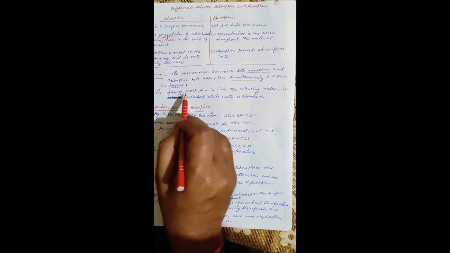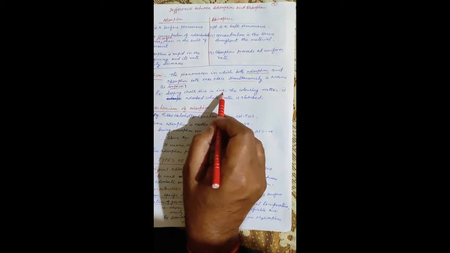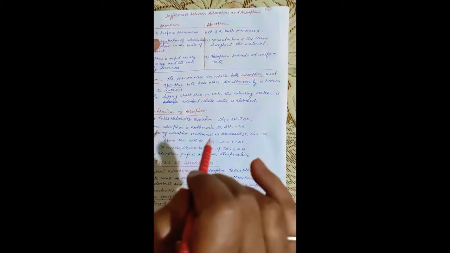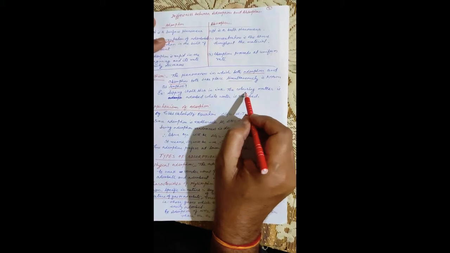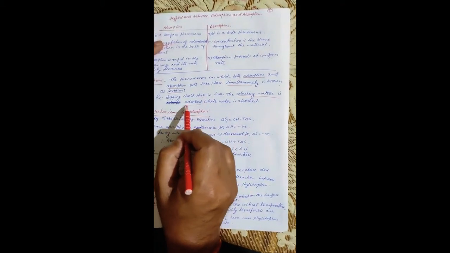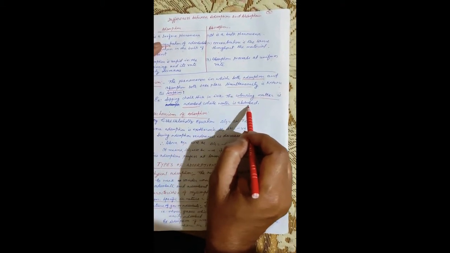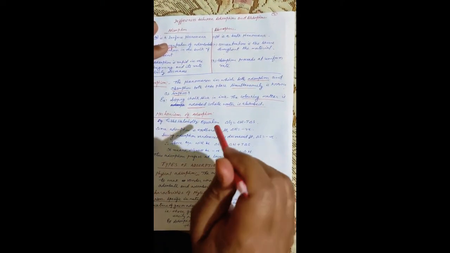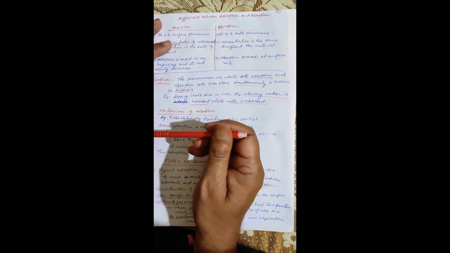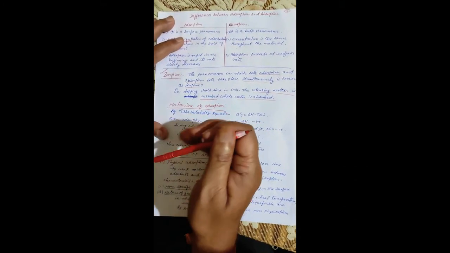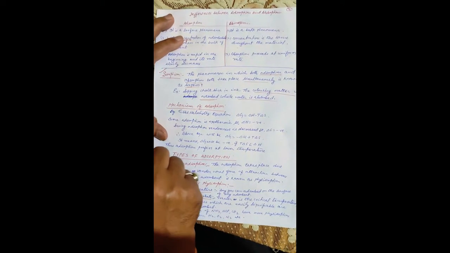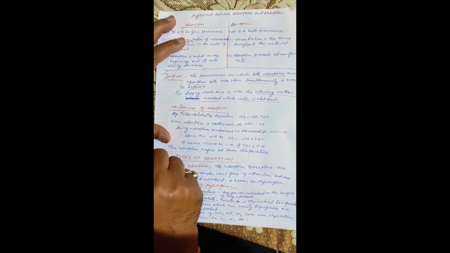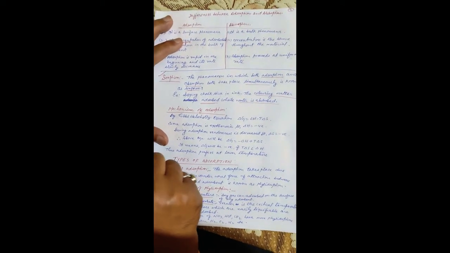Example is dipping of a chalk stick in ink. You should dip the chalk stick in ink. We see that the coloring matter is adsorbed while the water is absorbed. If you dip the chalk stick in ink and after some time you scratch the upper layer of the chalk with your blade, you find that the coloring matter adsorbed on the surface is removed.